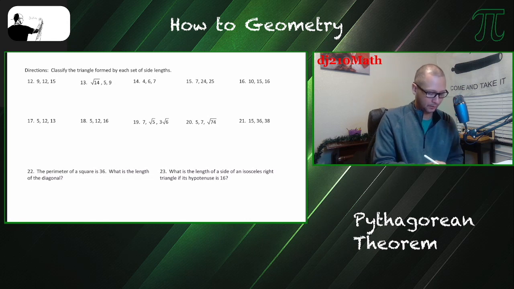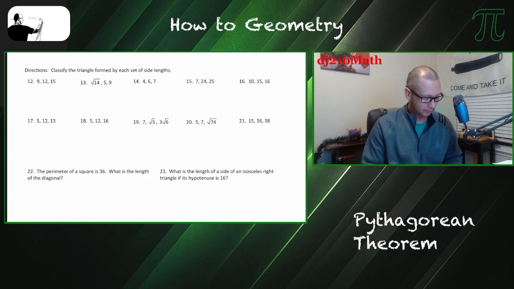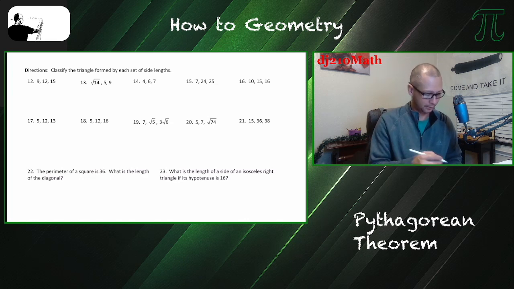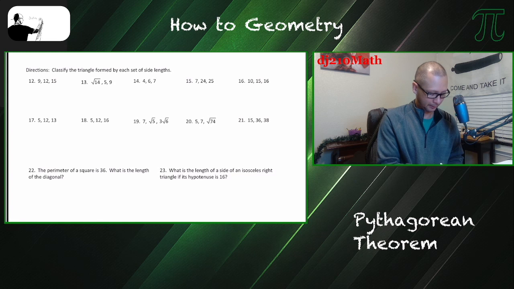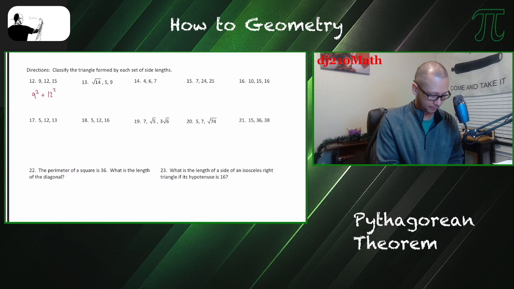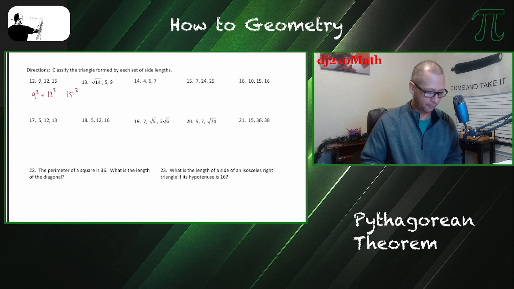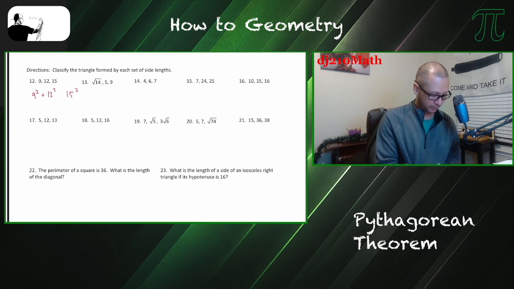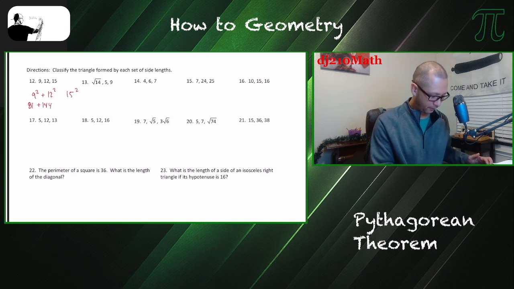Okay, so in a right triangle, the hypotenuse is always the longest side. So if I take the 2 legs, square them and take the sum, I'm going to compare that to the square of the biggest side. So this is 9 squared, 81, plus 12 squared, 144, and then 15 squared, 225.